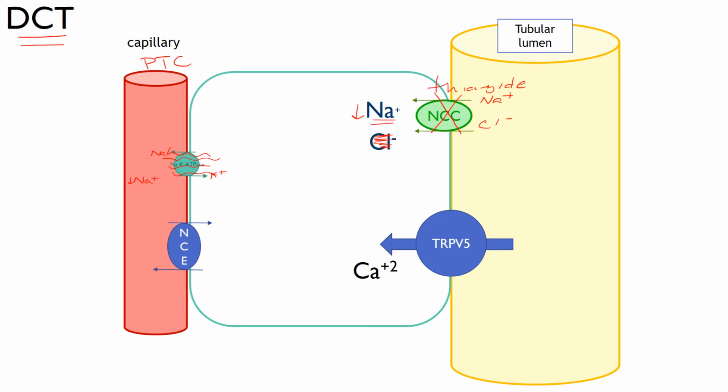Now let's talk about what happens with the calcium under the presence of a thiazide. So remember in our thiazide, we've inhibited sodium from coming in. So as a result, the cellular sodium concentration has decreased, and subsequently there is some decrease in the blood.